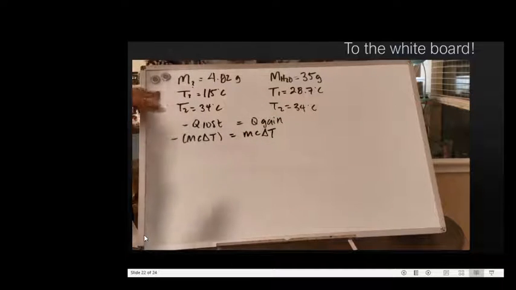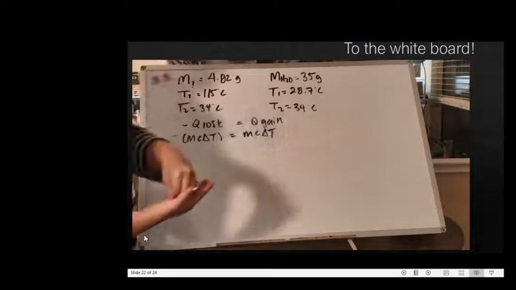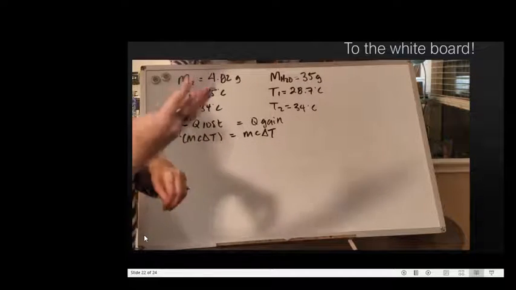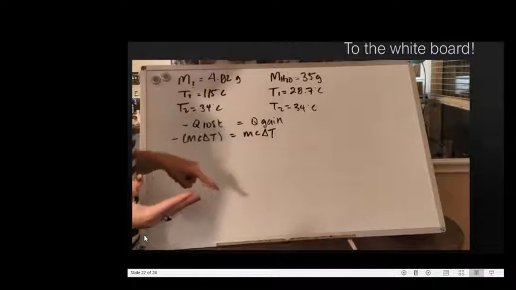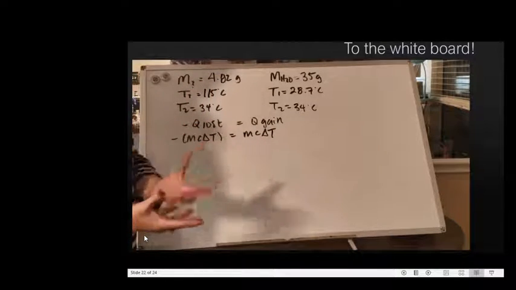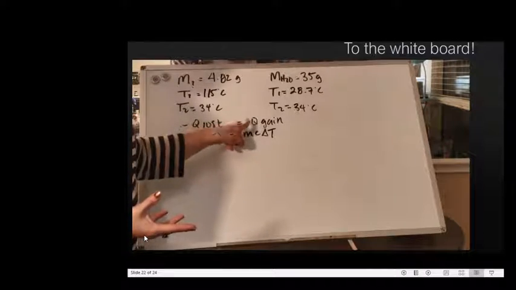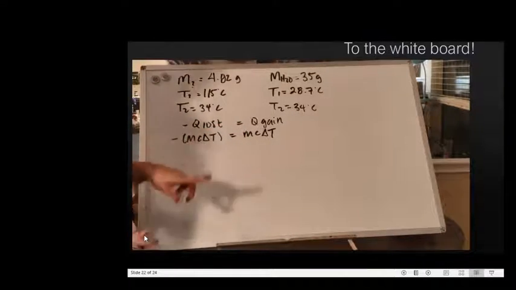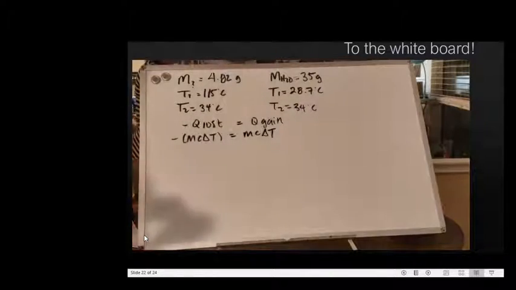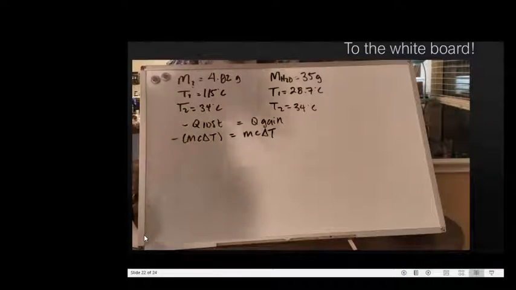And so the unknown, when we put that in the water, it was hot, and it's going to start losing its heat to the water, so it's Q lost. The water is going to start absorbing the heat coming off the metal, so it's going to be Q gain. We have our mass, specific heat and temperature on both sides, and we just plug everything in at this point.